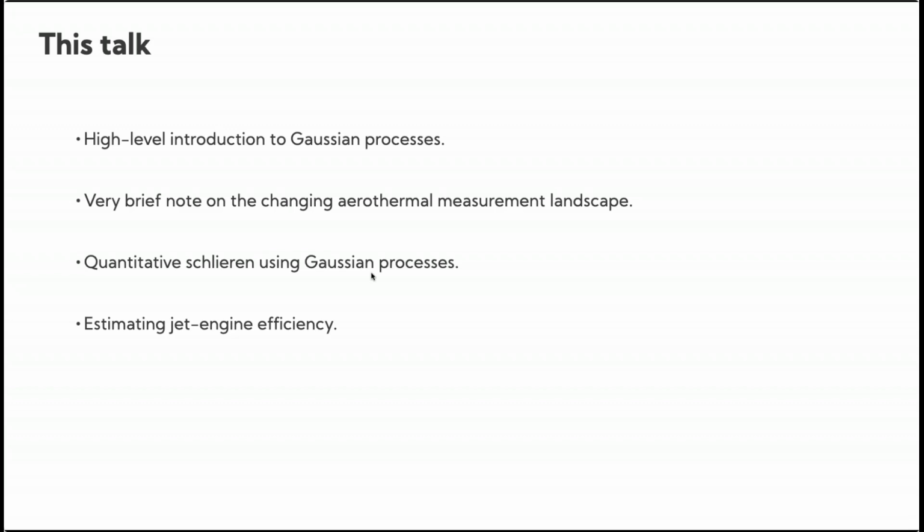And concurrently, how recent developments in other fields, notably computer vision and machine learning, have now put us at a stage where things we ordinarily wouldn't consider to be sensors can actually be perceived to be sensors. A lot more detail on that later on, but just to begin, we'll start off very lightly with Gaussian process models, and then delve into some of the more aerothermal topics.